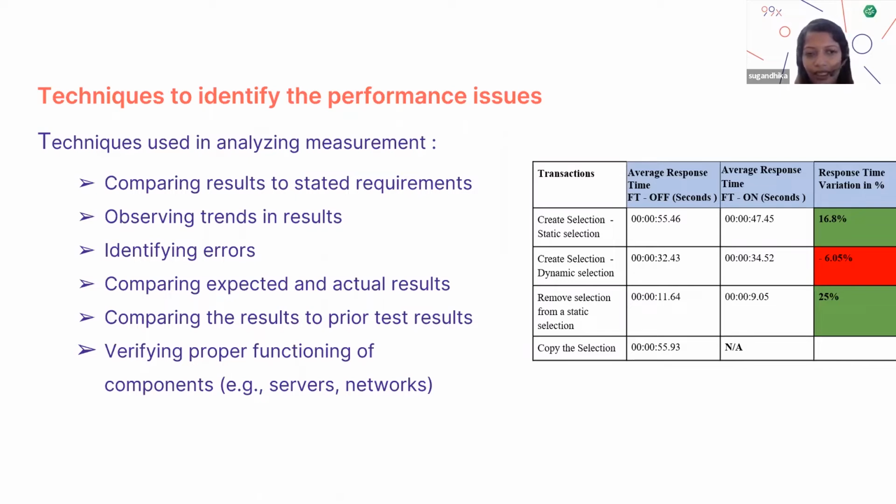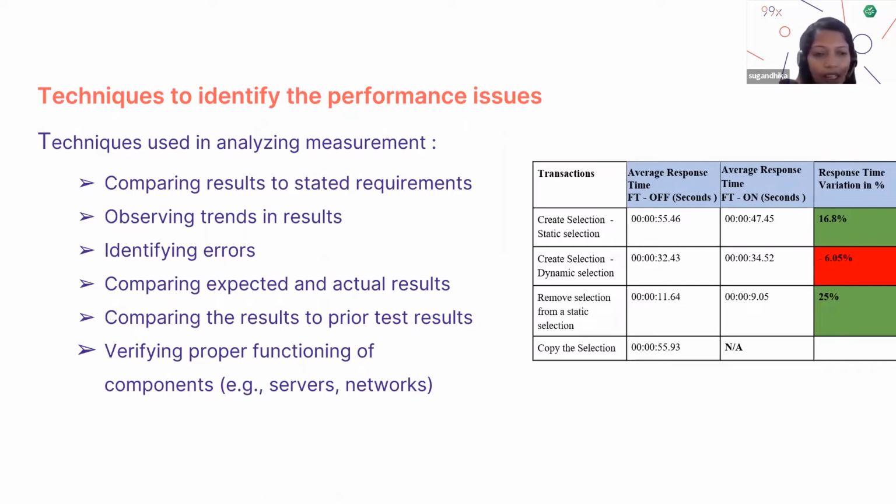Maybe the stated requirement will be there. So you can collect the test results and compare them against the stated requirement. In that sense, you can get an idea that this performance is not at the level that they expected, so this is not a good one and we need to do something. We will discuss what things we can do for those performance issues.